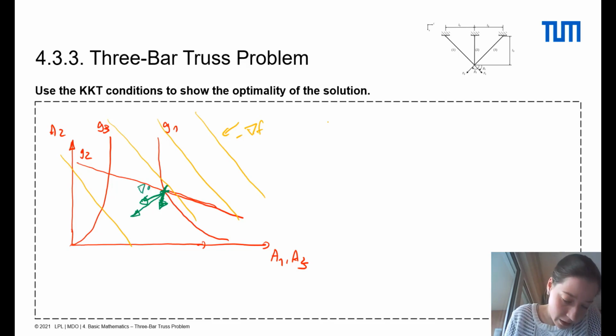So that's gradient of g1, and that's gradient g2, and so the resulting one is minus gradient f.